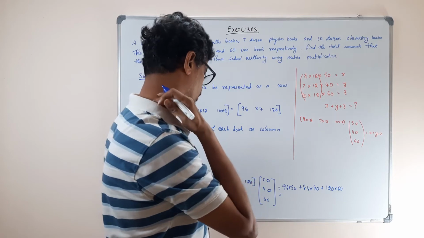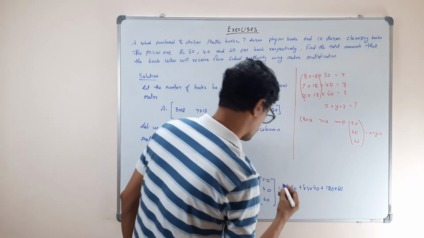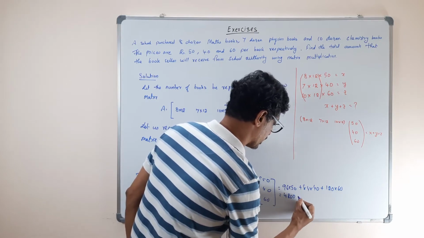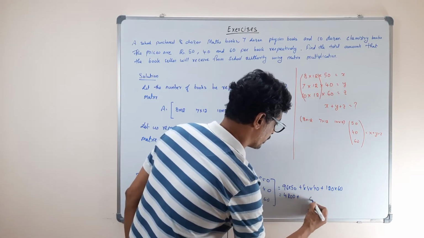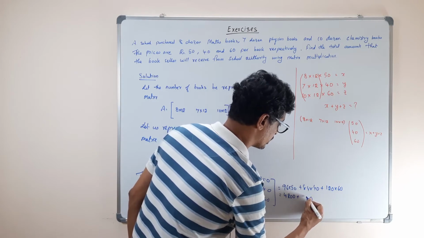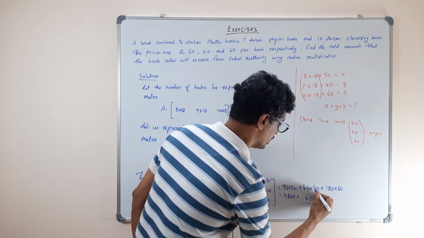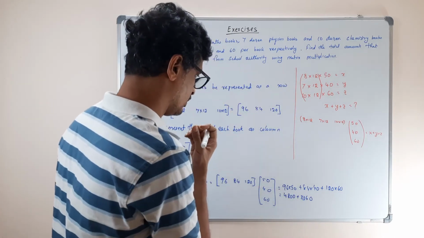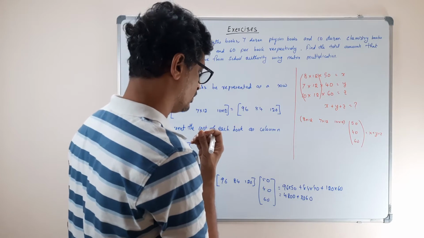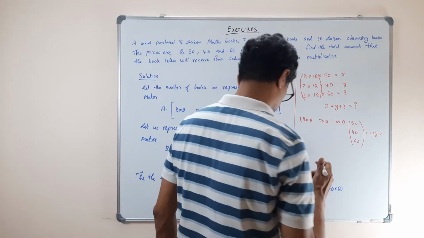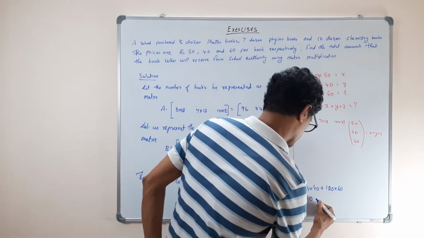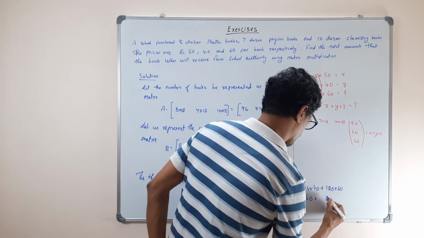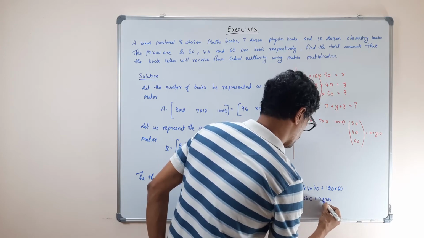4,800. Plus 84 into 40 is 3,360. Correct? Then 120 into 60, this should be easy. 12 into 6 is 72, so 7,200.